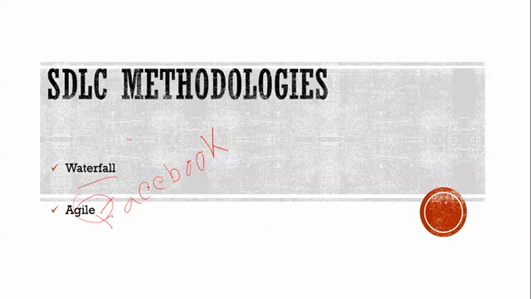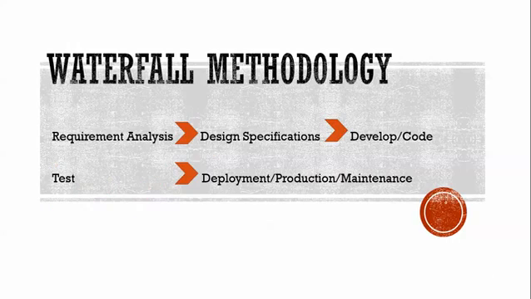But agile methodology takes a very small portion and develops that small portion one by one, right? So in agile methodology, it's very easy to make changes and add something or delete something, because it's working with the small parts of the application.